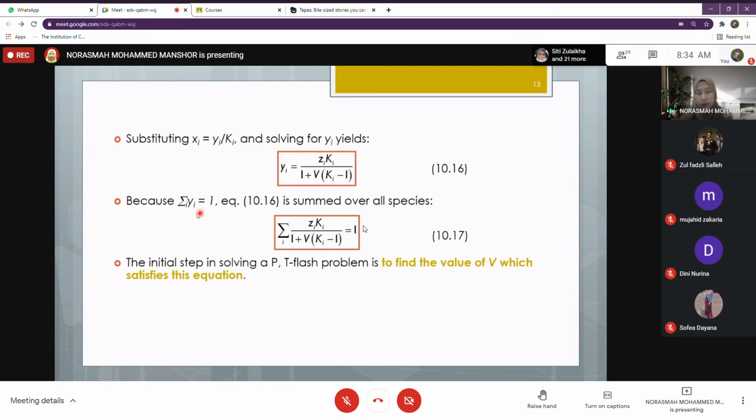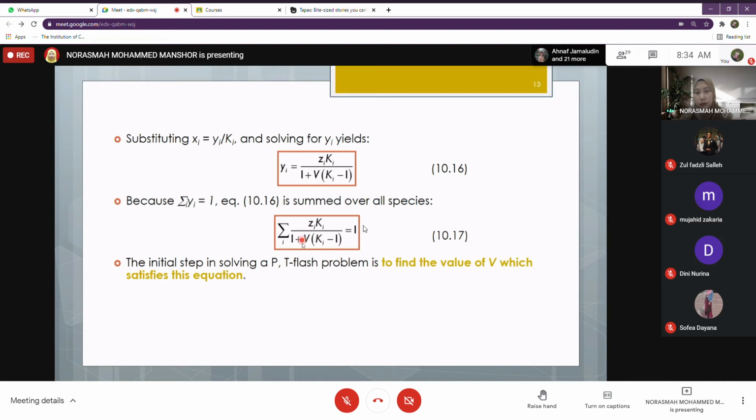Because the summation of Yi is equal to 1, summing this equation over all species gives summation ZiKi over 1 plus V(Ki minus 1) equals 1. So the initial step in solving the PT flash problem is to find the value of V which satisfies equation 10.17.